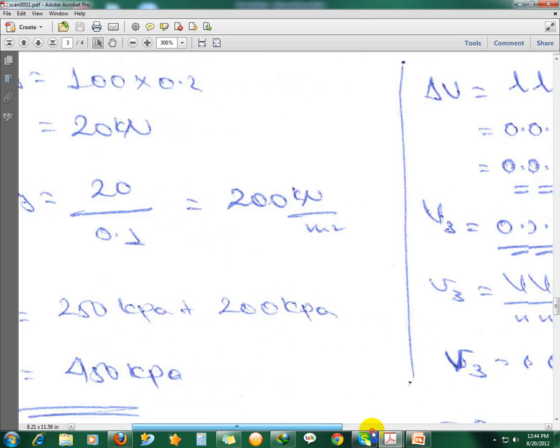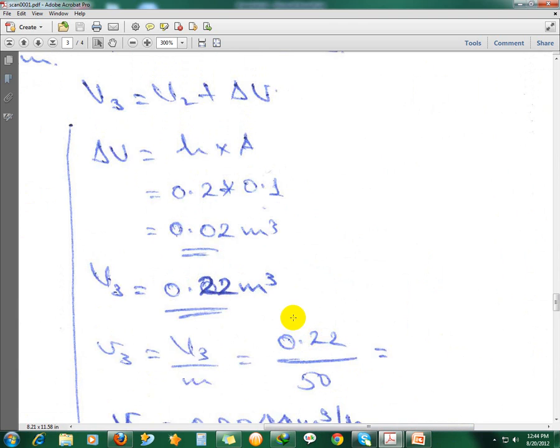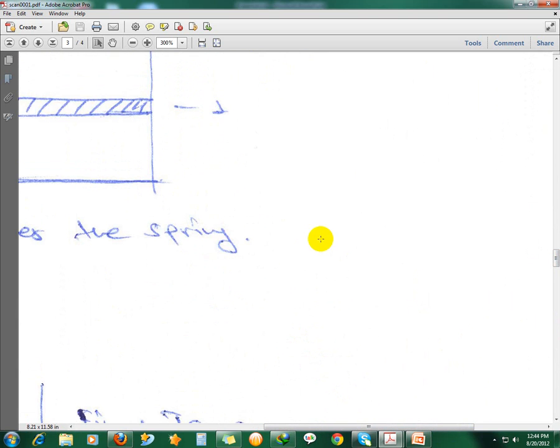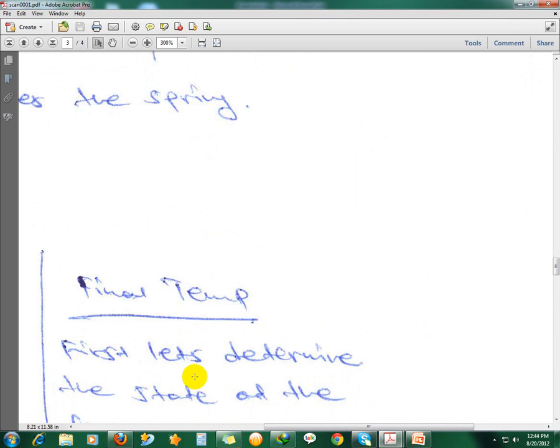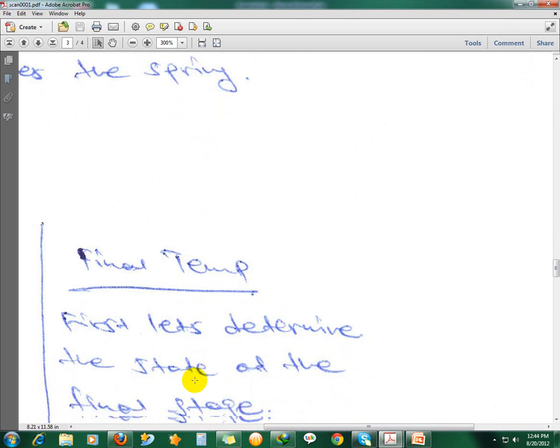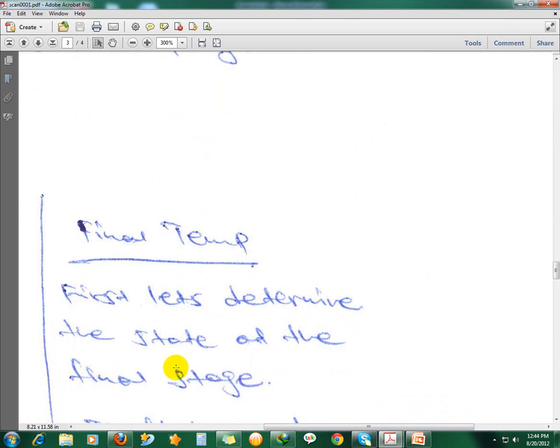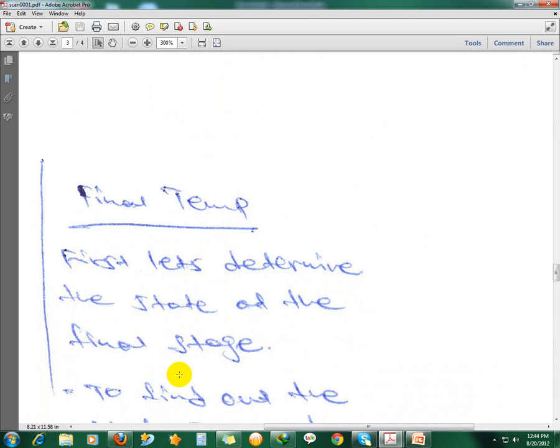Okay, now let's determine the final temperature. Before we determine the final temperature, first let's determine the state of the final stage, because the pure substance is water and the final pressure is determined from table.